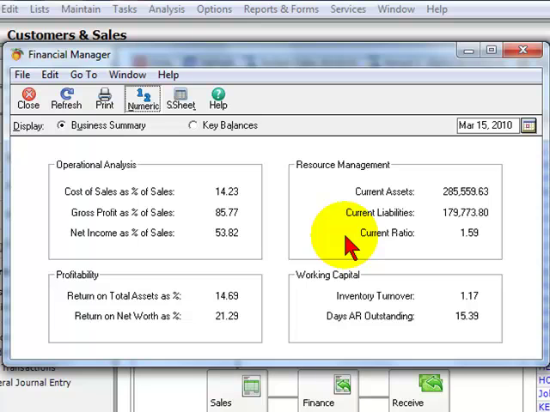And people believe this is more of an accurate way to find out the ability to meet the demands of creditors in paying your bills. So the quick ratio is cash, cash equivalents, marketable securities plus AR divided by current liabilities. And it's generally accepted that 1 and higher is acceptable.